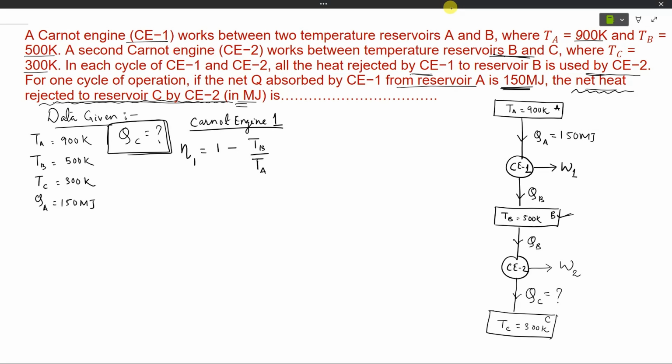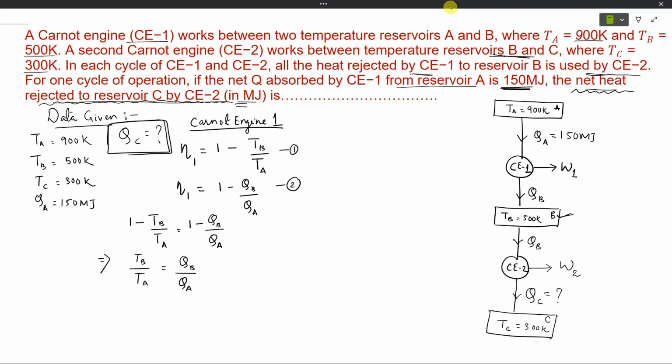But we know that the efficiency is also calculated in terms of heat energy, that is 1 minus QB by QA. If we compare these two expressions, equation 1 and 2, we get 1 minus TB by TA equal to 1 minus QB by QA. This equation can be written as TB by TA equal to QB by QA.